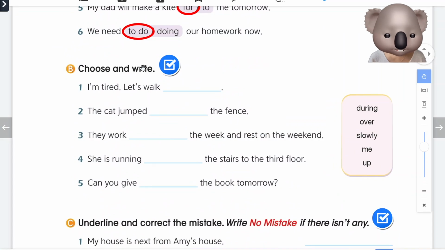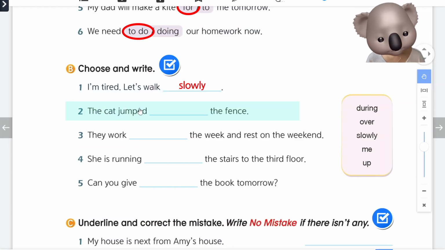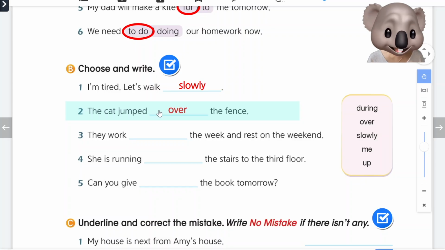In part B, we need to choose and write. In our word box, we have during, 뭐뭐 중에, over, slowly, me, and up. I'm tired. Let's walk 천천히, slowly. Number 2, the cat jumped over the fence.